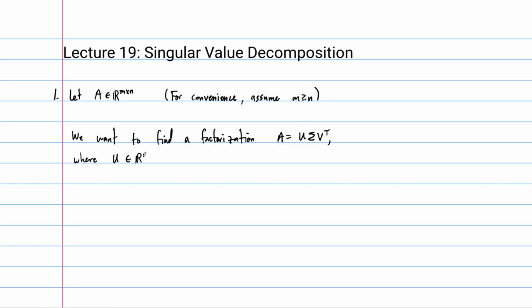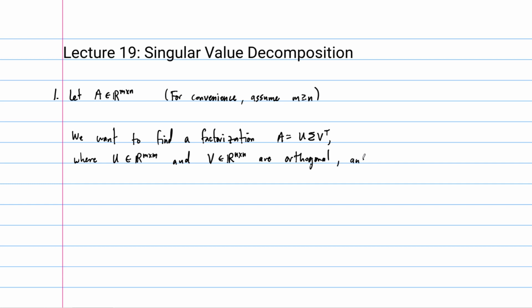So U is in R^(m by m), and V is going to have to be an n by n orthogonal matrix. So the orthogonal is what we're striving for, right? But just for this multiplication to work out properly, if we want these to be square matrices, then that's going to have to be the dimensions of them. So those are going to be orthogonal matrices.